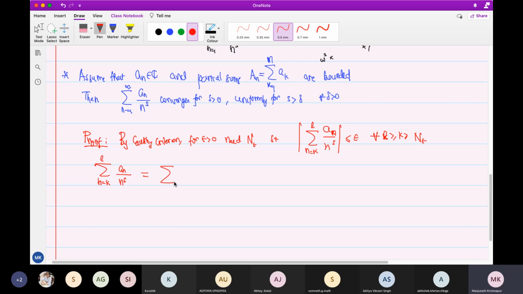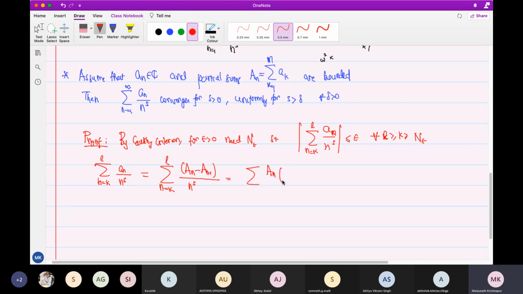So let me explain. What is an? An we write as capital An minus capital A n minus 1. So we write it as the difference of its cumulative sums. And now regroup the terms. What does capital An come with?